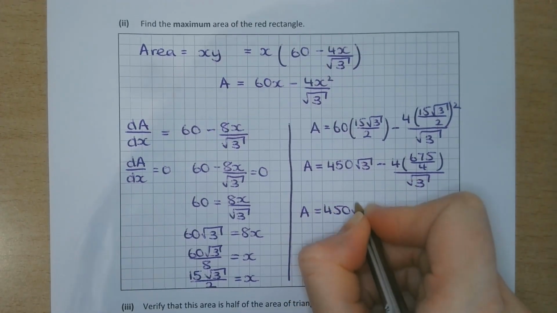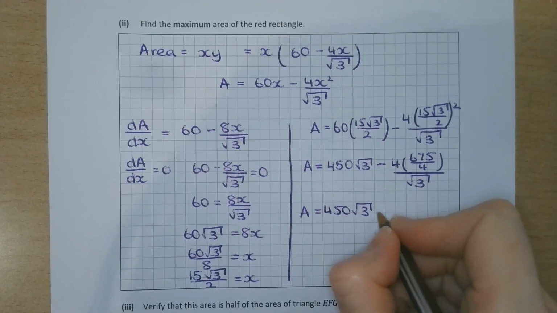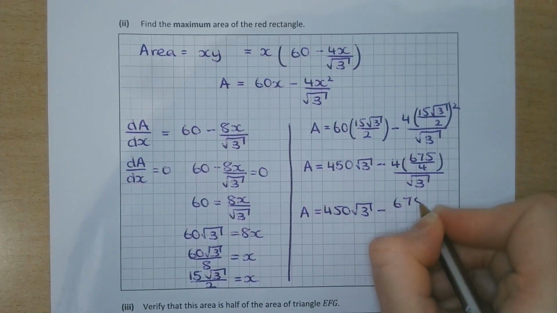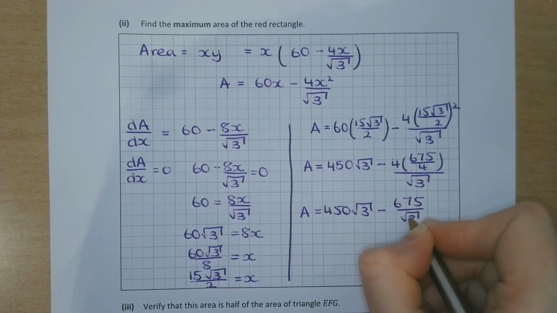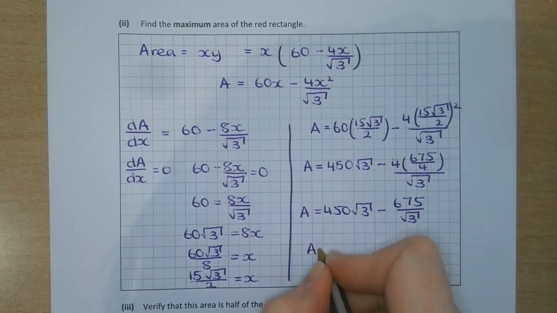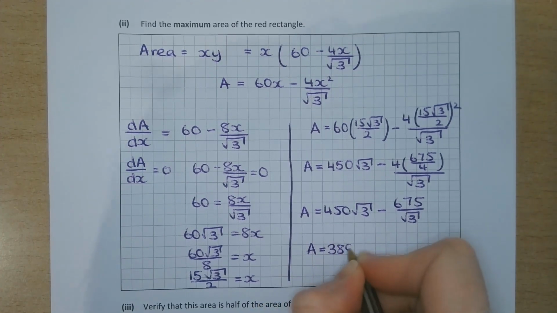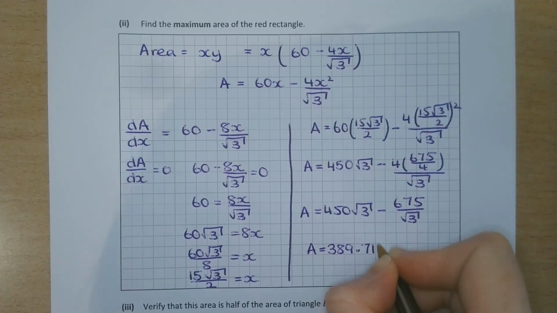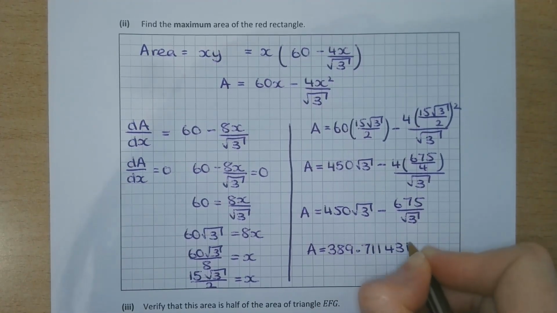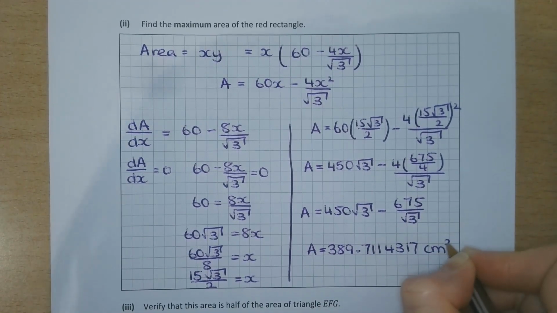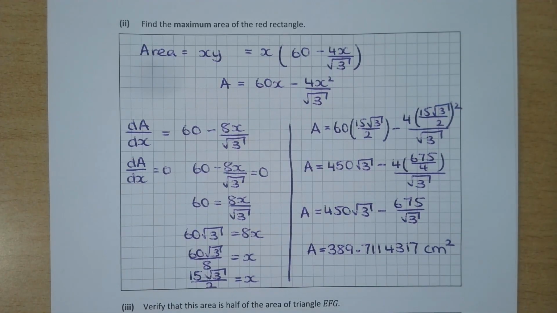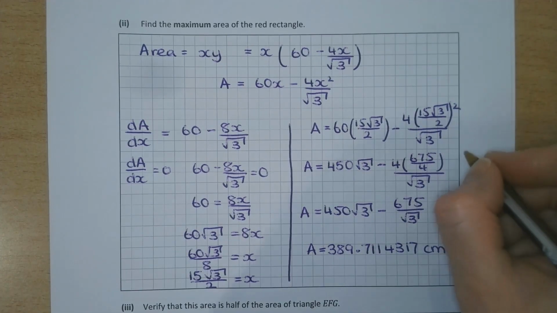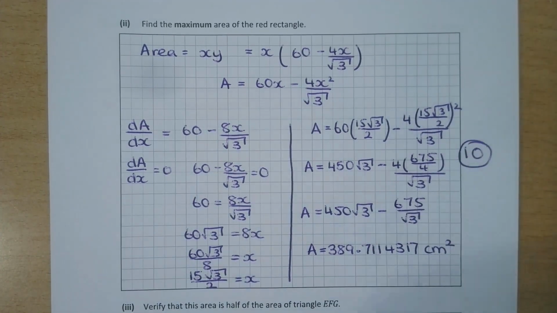So 450 root 3, working out this fraction, we get minus 675 over root 3. And we get a final answer here of 389.7114317 centimeters squared. And that gives me my maximum area of the red rectangle. And that question was worth 10 marks.